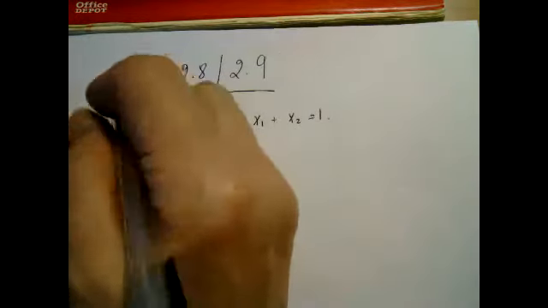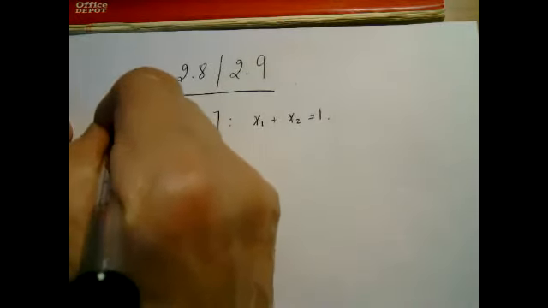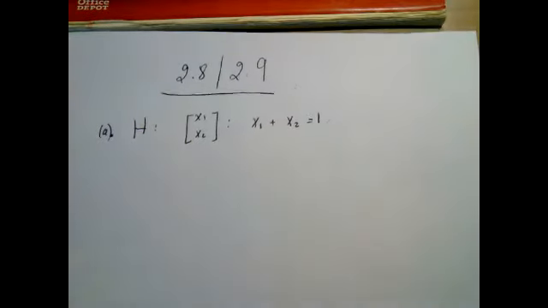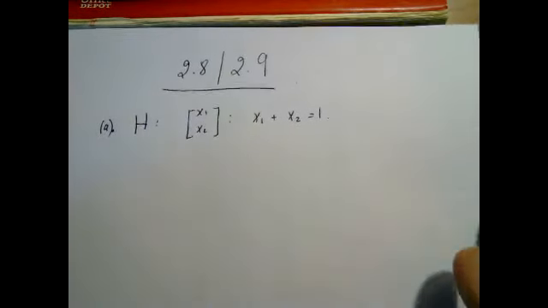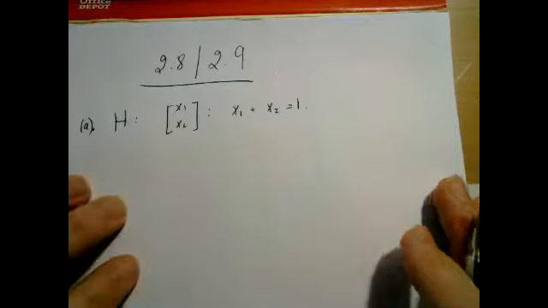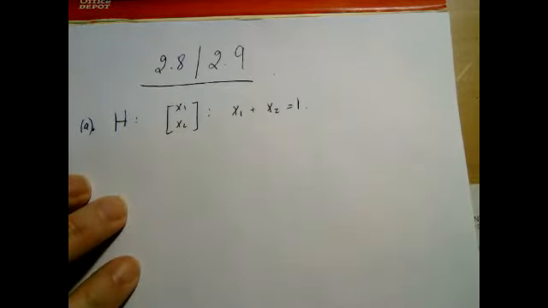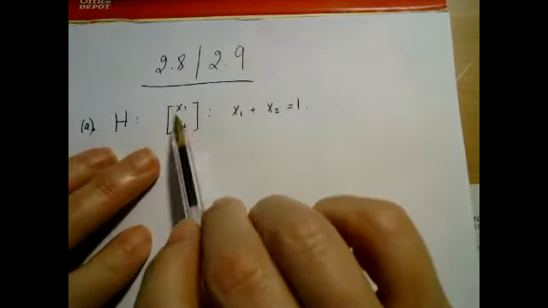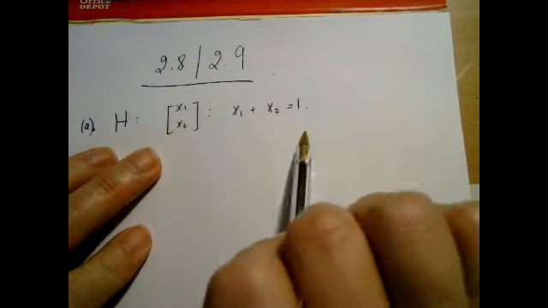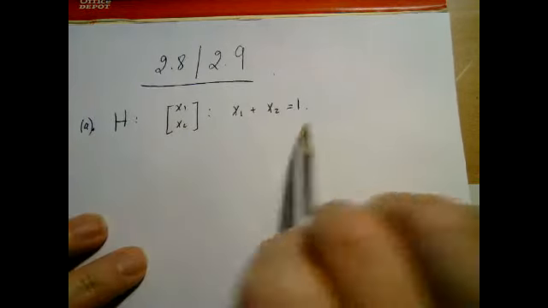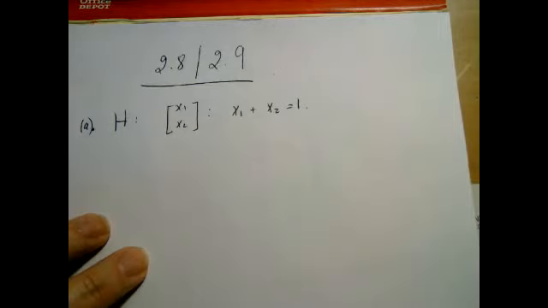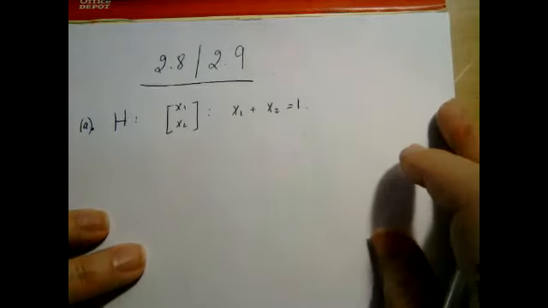Problem number 1. Is this a subspace? It means, does it satisfy the criteria of a subspace? I'm looking at all the vectors such that the sum of their components is 1. Is this a subspace, yes or no? What do you think?